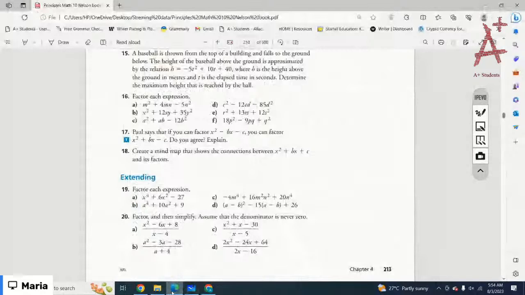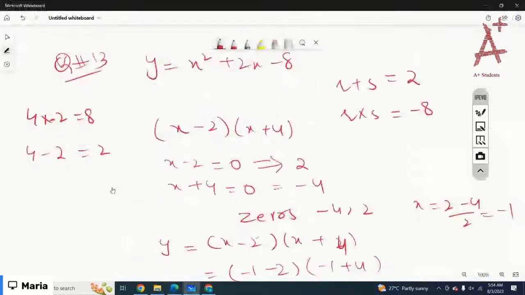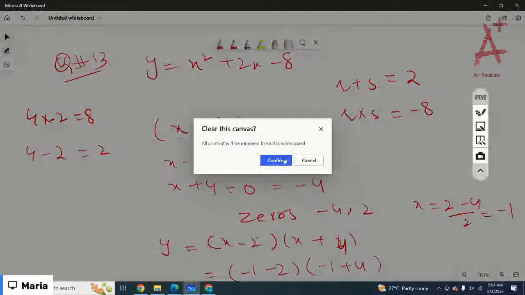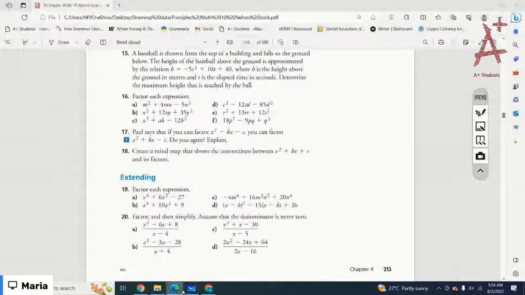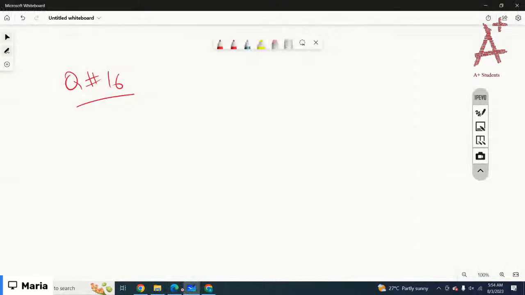Factor each expression. m square plus 4mn minus 5n square.